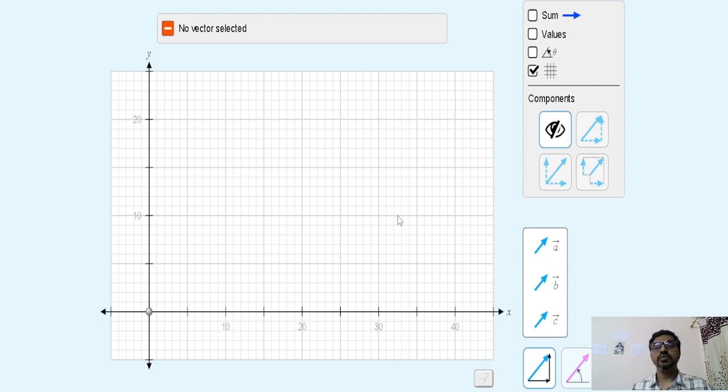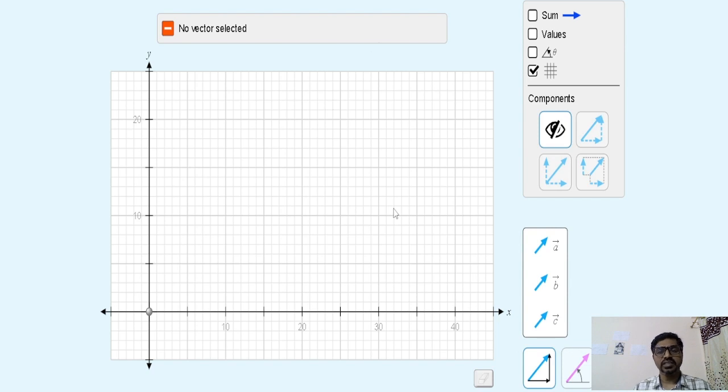To understand the law of vector addition, I'll take one example. Displacement is a very good example of a vector, and if you study it in terms of displacement, I think you will find it much more intuitive and easy to visualize.